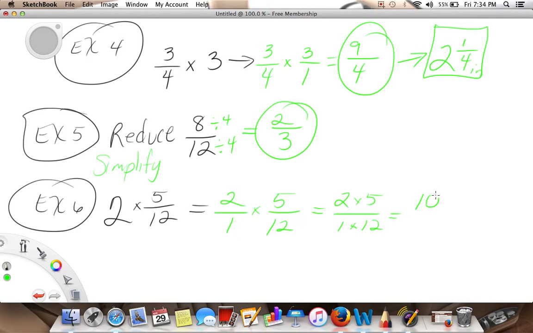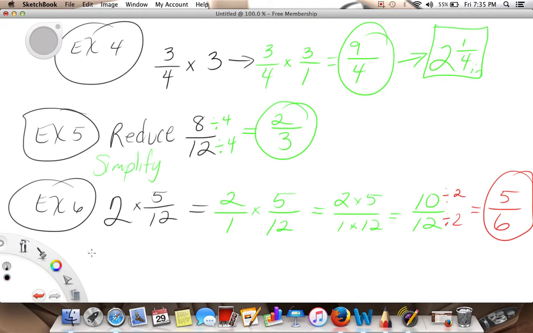That gives us 10 over 12. But remember, we must reduce or simplify this. So the greatest common factor between 10 and 12 is actually 2. So we're going to divide the numerator and denominator by 2. We get 5 over 6. And that is our answer.